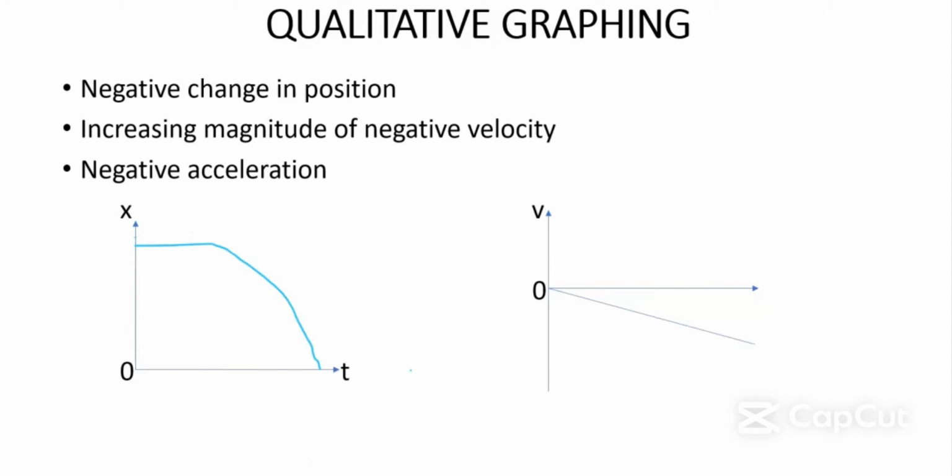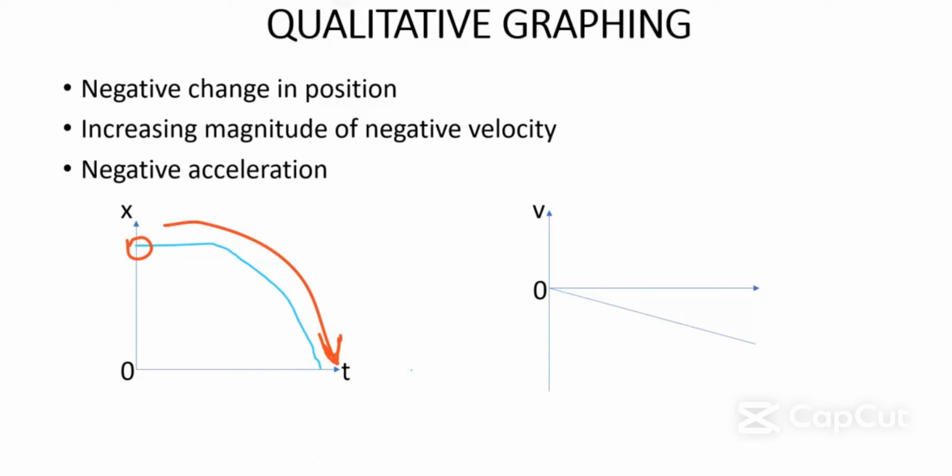Now the object started from here, and the change in position is negative because we started from this part and went down to 0. So it went down this way, right? So there's an increase in the magnitude of negative velocity. The velocity is increasing higher.